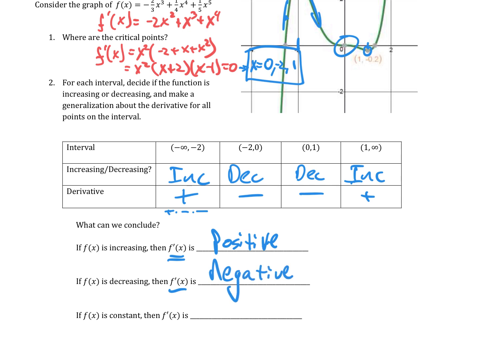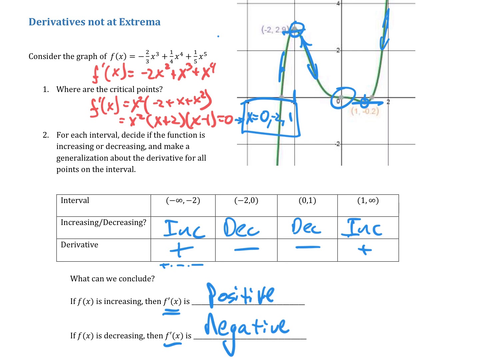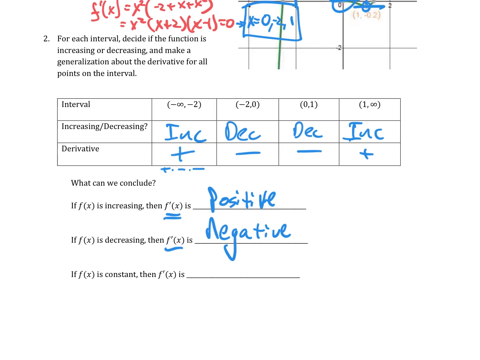And then at certain points where f of x is constant, that means for just this moment, where it turns around, or this moment right here at this 0 where it almost turns around but kind of flattens out for just a moment, the derivative is 0.